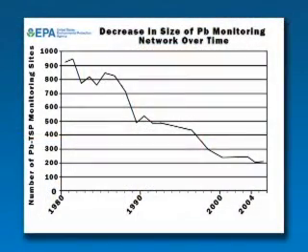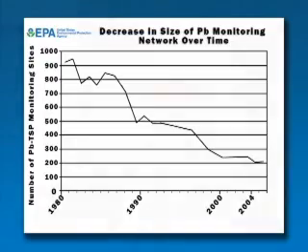Lew, from your description of expanding the network, it sounds like we have a lot of work ahead of us. How did the current lead monitoring network get so small? Well, it's actually logical if we think about the trend of lead emissions over time. 20 or more years ago, of course, there was lead in gasoline, and because of that, there was a lot of ambient emissions of lead that we had to measure.